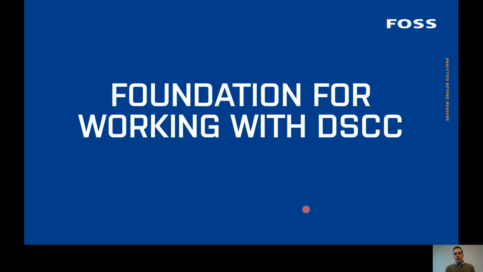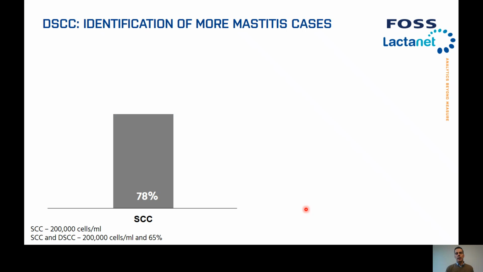Now, I would like to talk about the foundation for working with differential somatic cell count. In a first study that we ran in collaboration with Lactanet in Canada, we analyzed milk from more than 1,000 cows. And when I say analyzed, I mean we analyzed it for somatic cell count, differential somatic cell count, and also the bacteriological status.